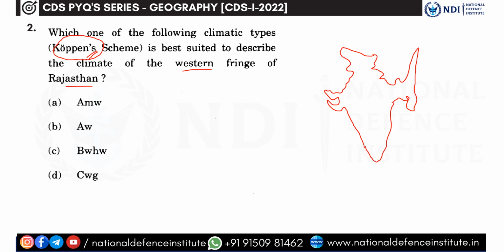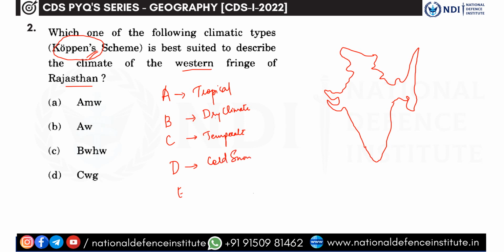He has used uppercase letters like A, B, C, D, E to standardize the climate. A is for tropical, B is for dry climate, C is for temperate climate, D is for cold snow, E is for cold climate, and H is for highlands.